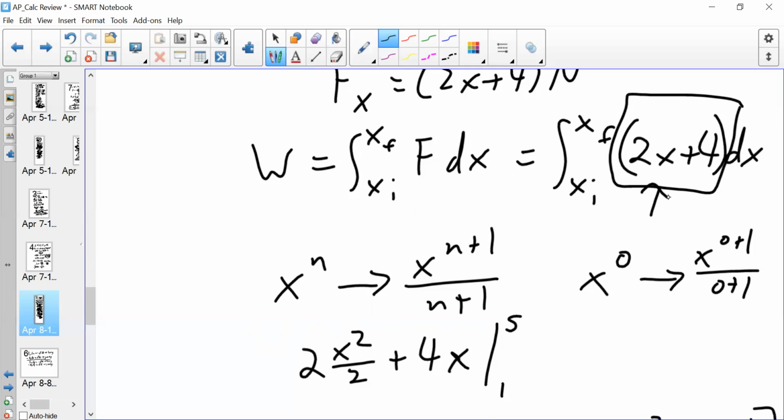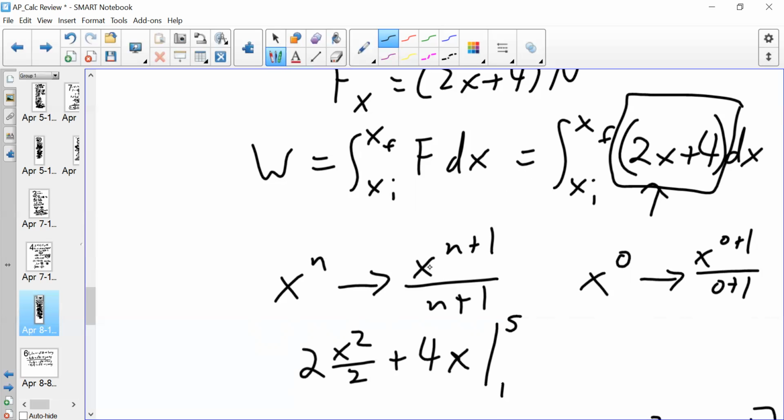Just better yet said, let's follow the steps of the antiderivative as labeled below. So we have this function. In order to get the antiderivative, the rules are this: x to the nth power, where n is your exponent, for every element of this function, right? The 2x and the 4.